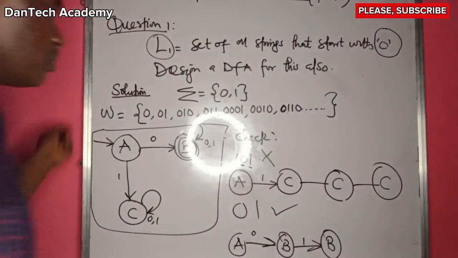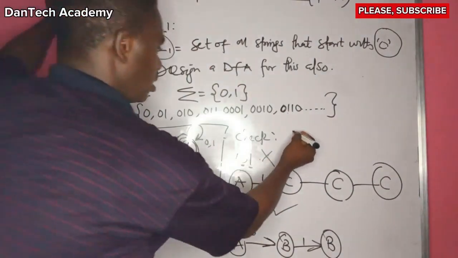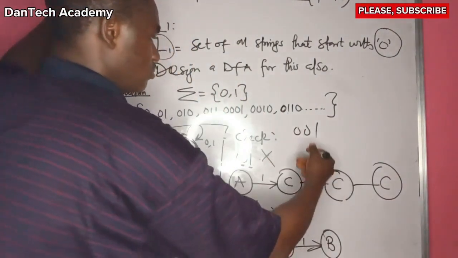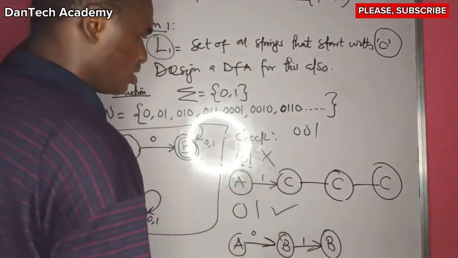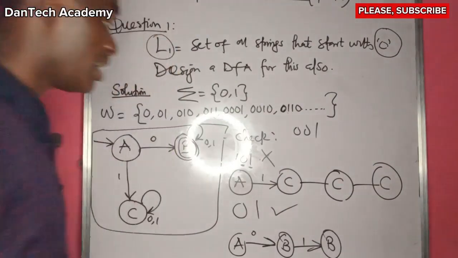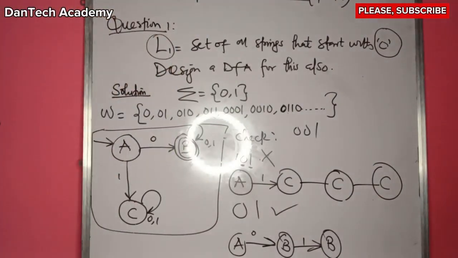So we test another one. Let's say 001. Just put any number of your choice and test it. That starts with 0. So from here now, we can see that any number that does not start with 0 is not accepted at all.